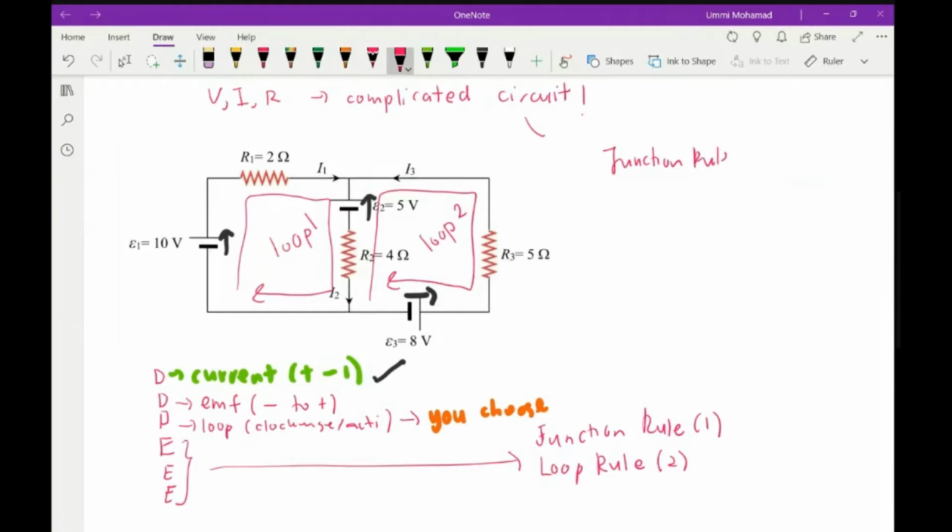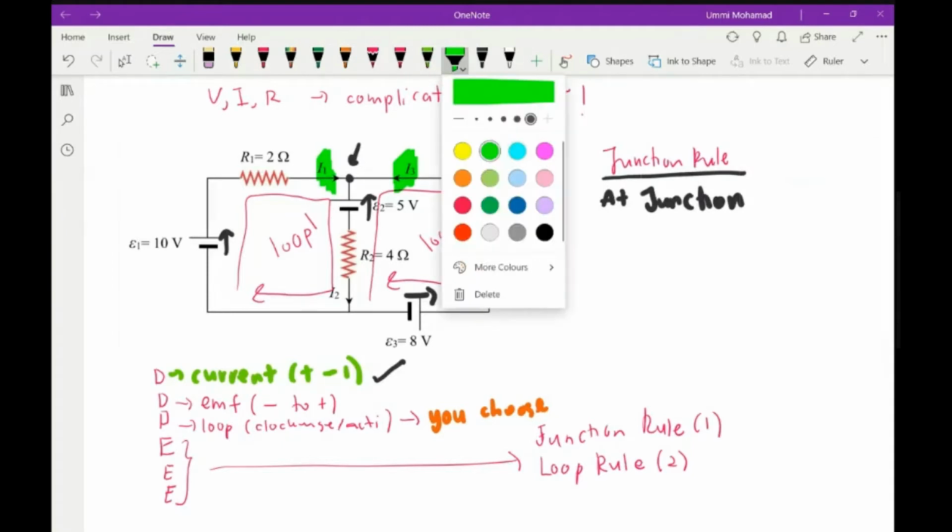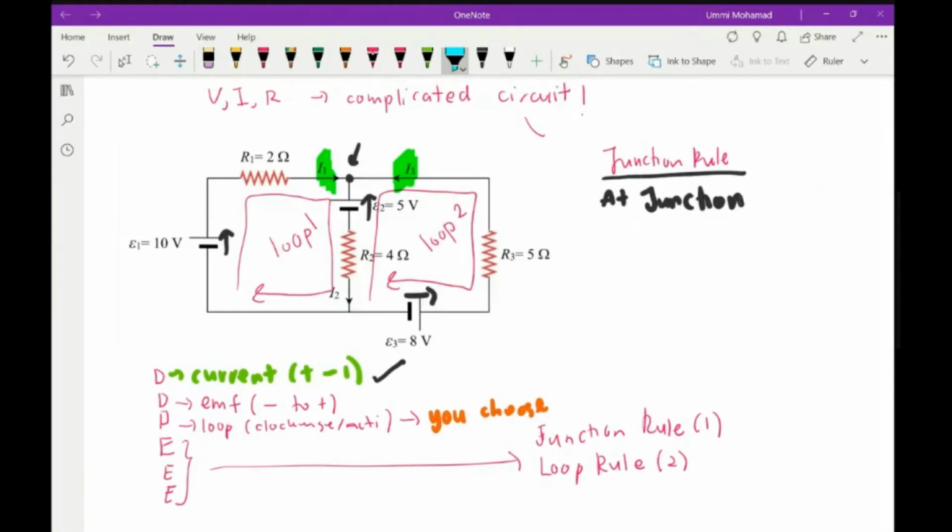For the junction rule, we are going to look at the junction. At any junction, let's look at this junction for example. The current in is I1, the current in is also I3, but I2 here is out of the junction.